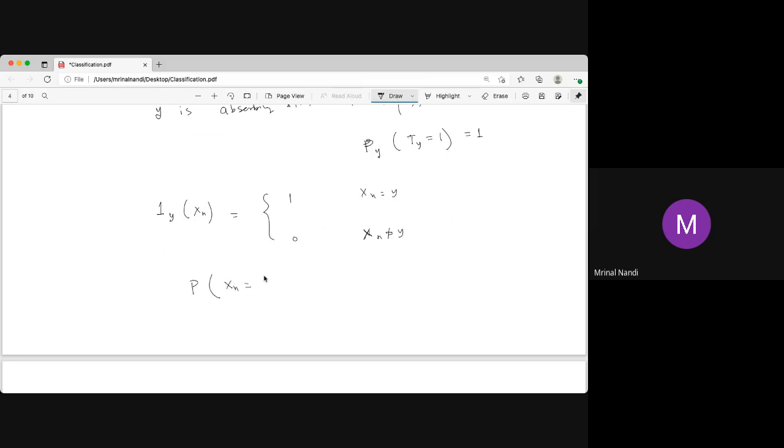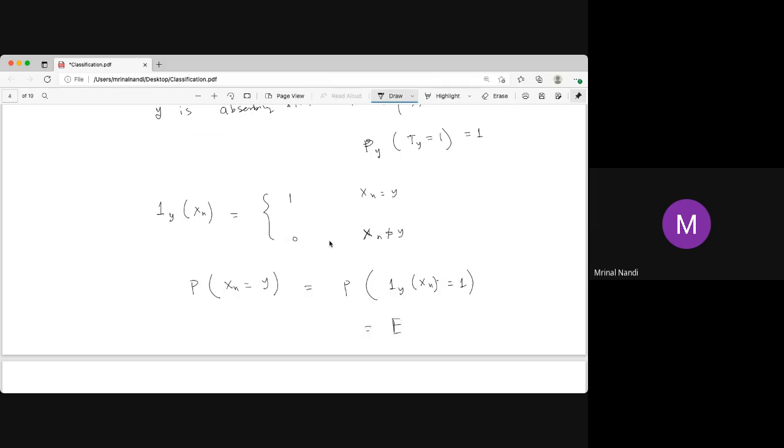This is a very important indicator random variable. What is this? This is the probability that the random variable takes value 1, which means Xn equals y.